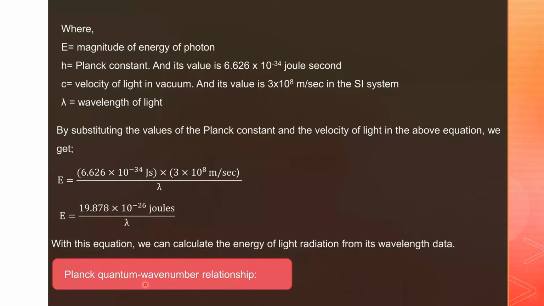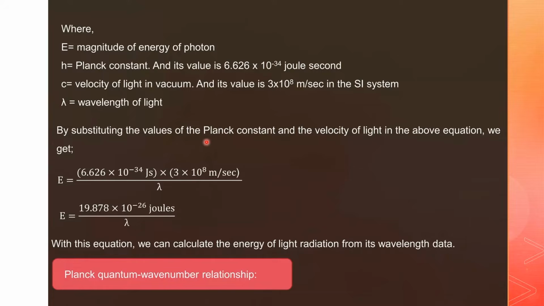As I mentioned, E is the magnitude of energy of a photon, h is Planck's constant and its value is 6.626 times 10 to the minus 34 joule second, c is the velocity of light in vacuum and its value is 3 times 10 to the 8 meter per second in the SI system, and lambda is the wavelength of light.